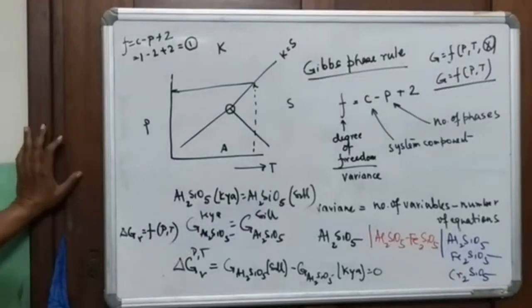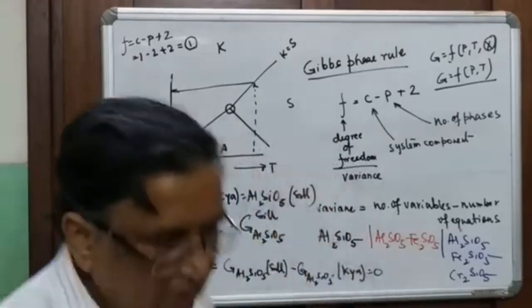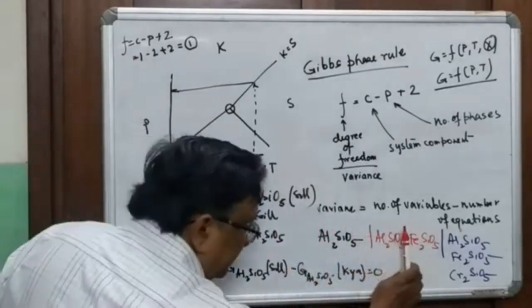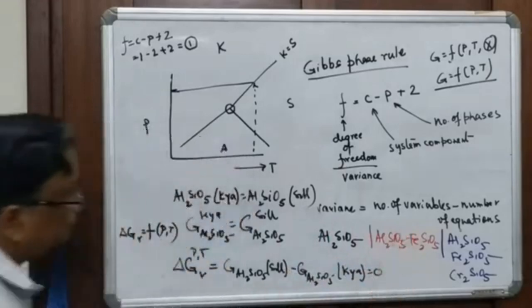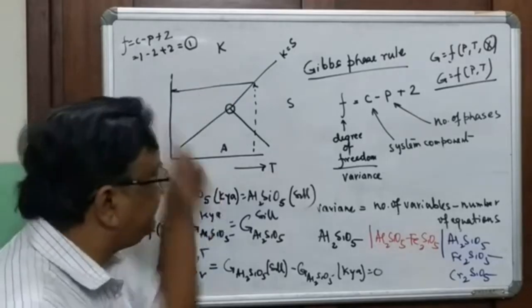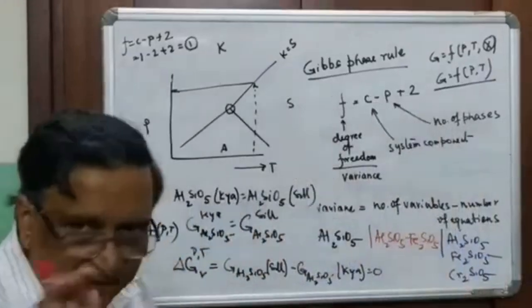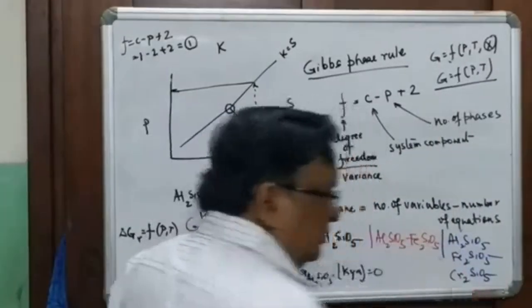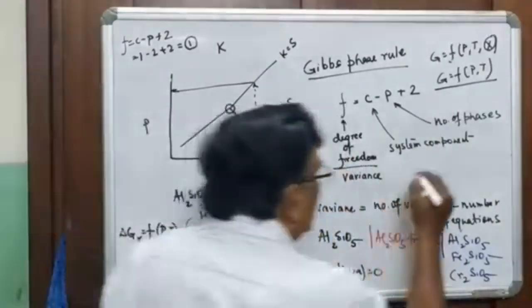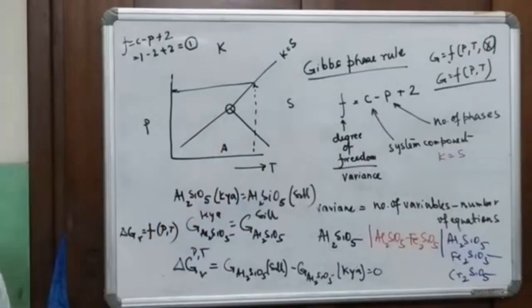But if you use the red pen, how many equations will you have? You will say, sir, I have 3. Now let me tell you what the equations are. You will have kyanite is equal to sillimanite, yes or no?